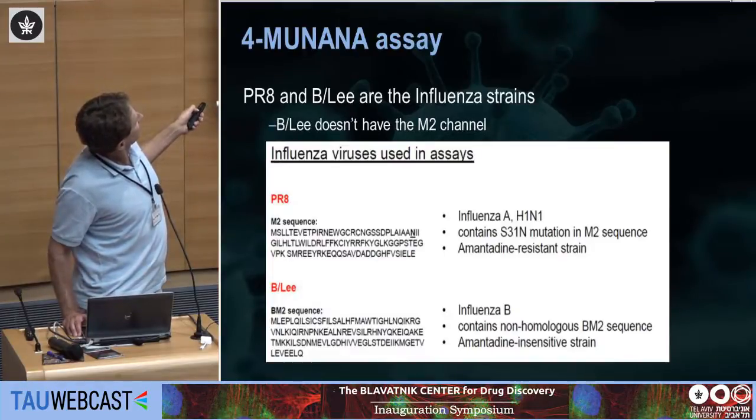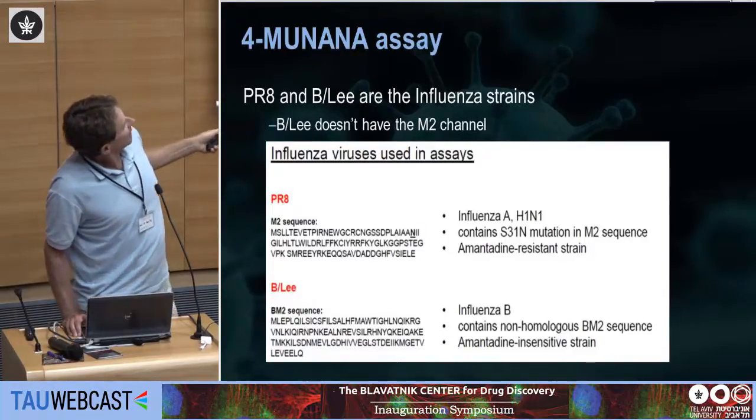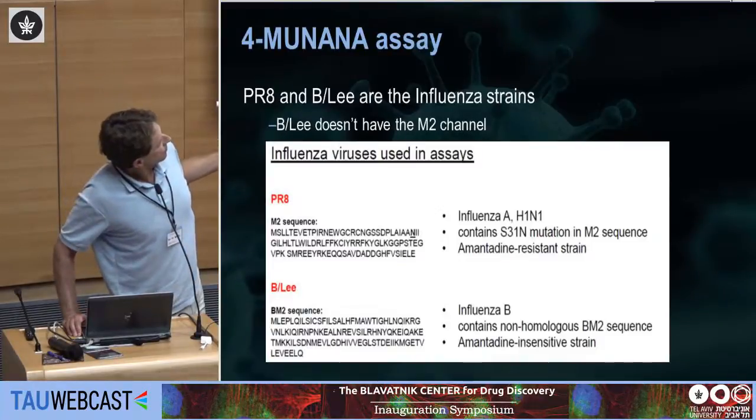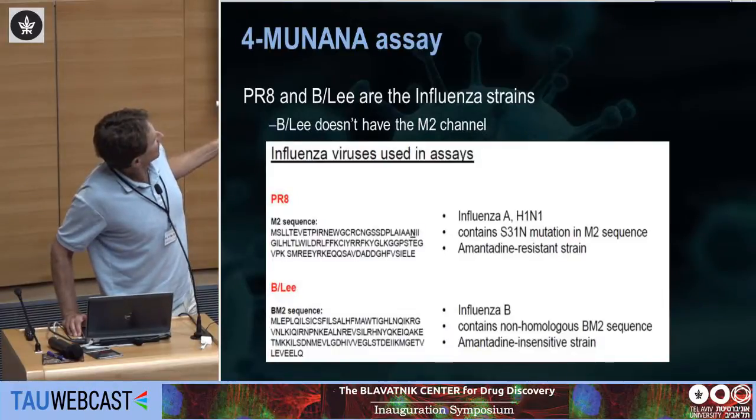That's the sequence of M2 for the two variants, for the PR8 and the BLE. The specific strain includes the mutation here. You see this N, which replaces the S.